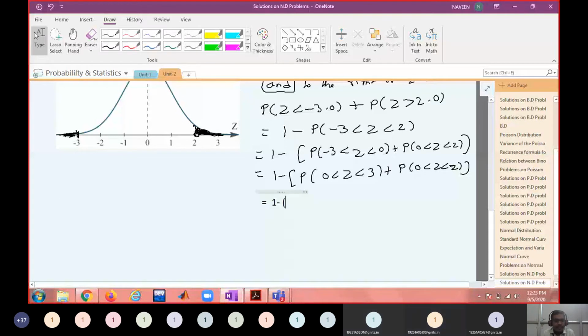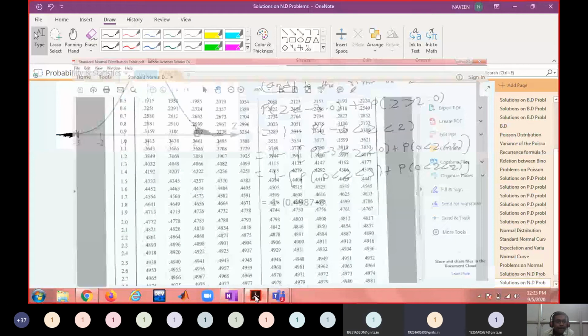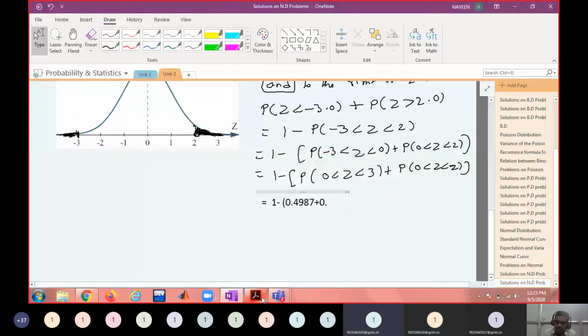Can you tell me the first value? 0.4987, plus what is the area from 0 to 2? 0.4772. So add these two values and subtract from 1. 0.0241. Okay, so that is how we compute the probabilities.